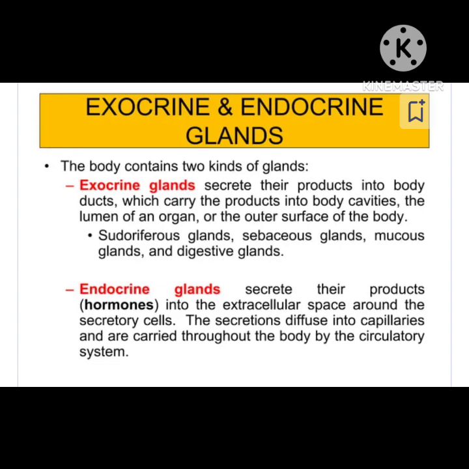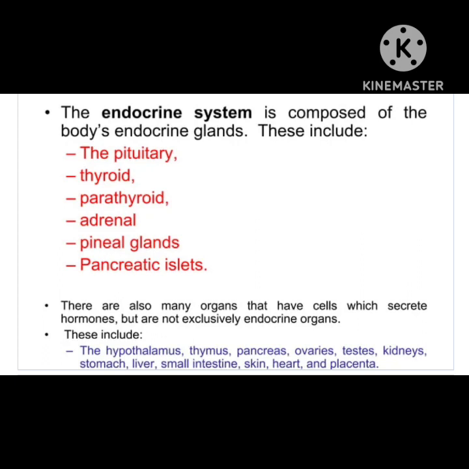Whereas endocrine glands secrete their products into the extracellular space around the secretory cells. The secretion diffuses into capillaries and is carried throughout the body. The endocrine system is composed of the body's endocrine glands, including the pituitary gland, thyroid, parathyroid, adrenal, pineal glands, and pancreatic glands.